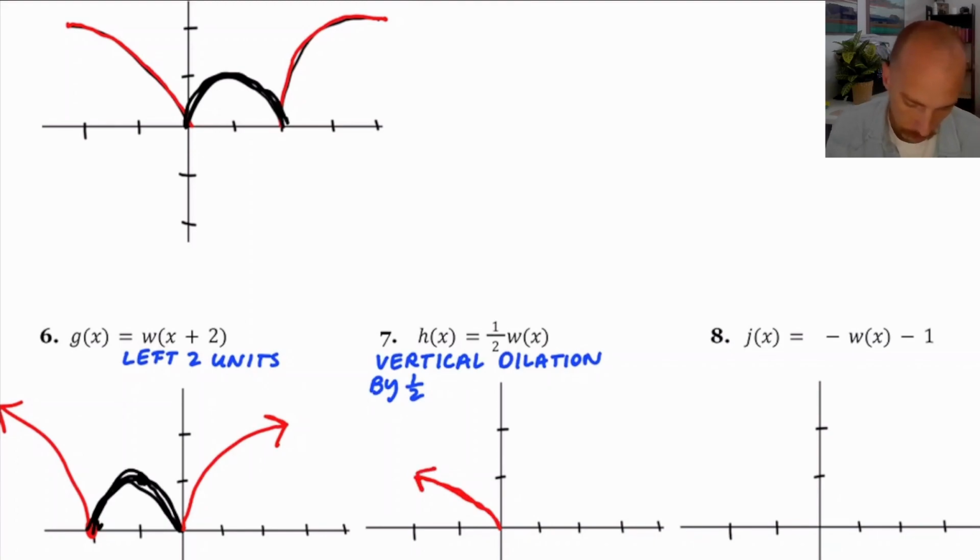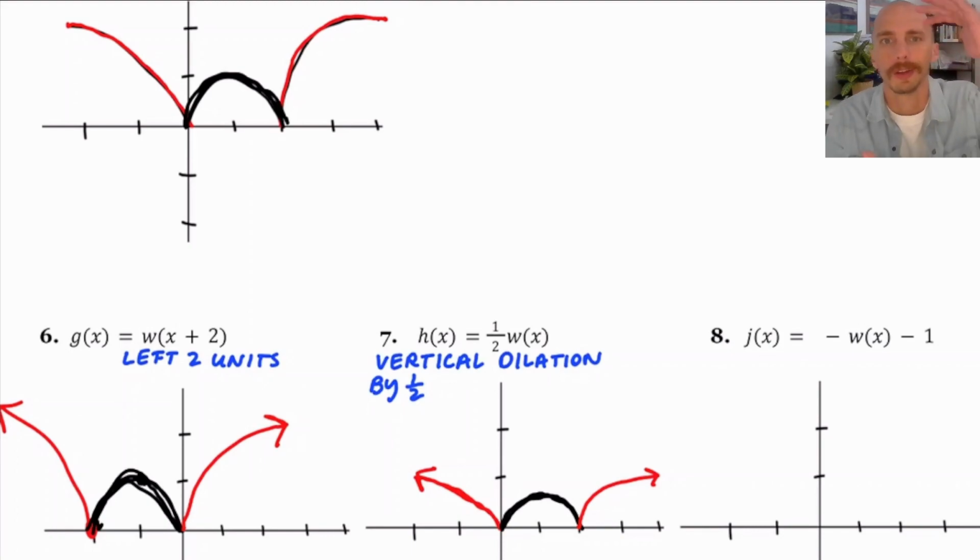And then the middle lump is only going to go up to 1/2, but it's still going to reach over twice because I'm just vertically stretching by 1/2. It's definitely below 1. And then it goes up and over, and it looked like it went up to 2, so now it will just go up to 1. And that'll be h of x, which is 1/2 of w of x.